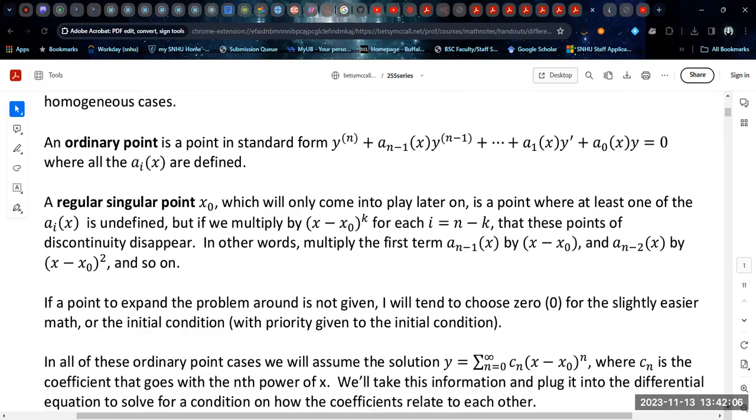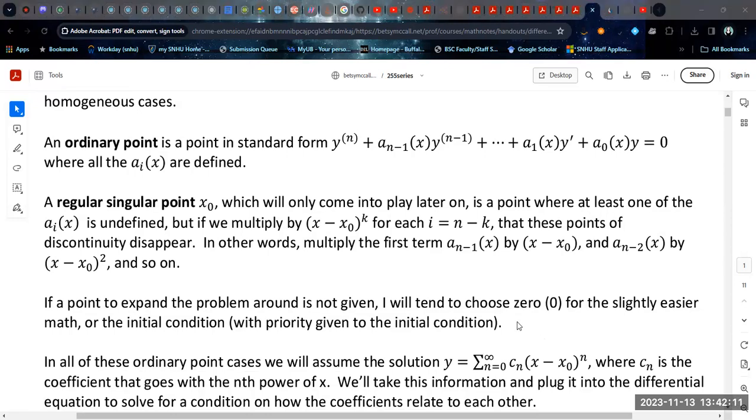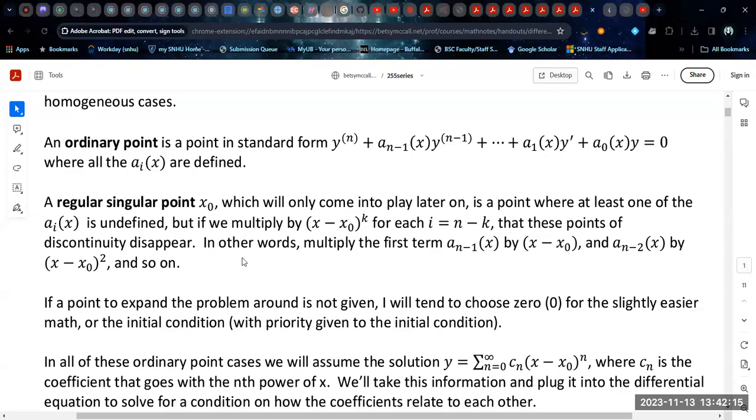So when we are dealing with a function that has to be solved by series solutions, we have two kinds of points that we have to consider. An ordinary point is a point in the standard form of our ODE where all of the functions are defined at every point.